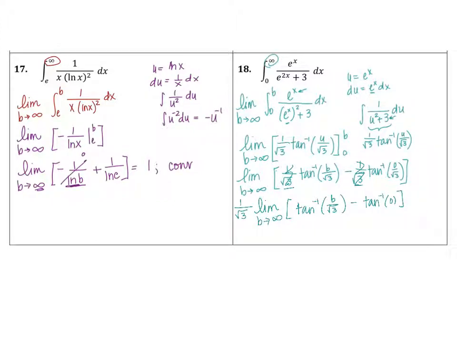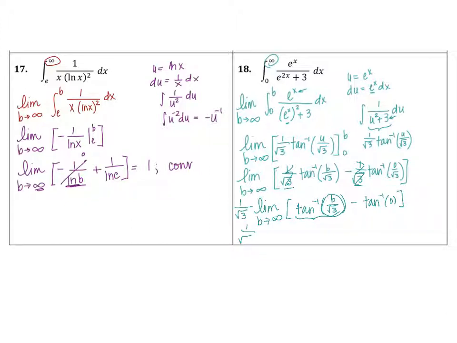All right, so let's see. We need to see where we're going to end up on this portion here. If we're tending toward infinity, what is that going to tend toward for us? That is going to end up being pi over 2, I believe, because the root 3 is not going to make a difference as b is approaching infinity.